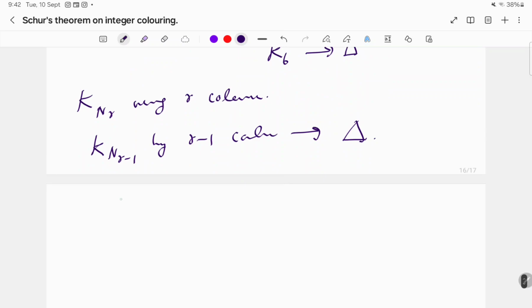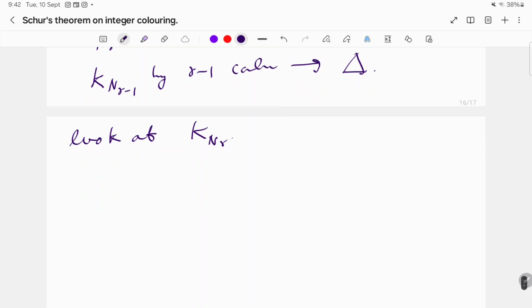Fine. Now let's look at K_{N_R}. In K_{N_R}, I choose a particular vertex V, right? Then in K_{N_R}, how many neighbors does a particular vertex V have?